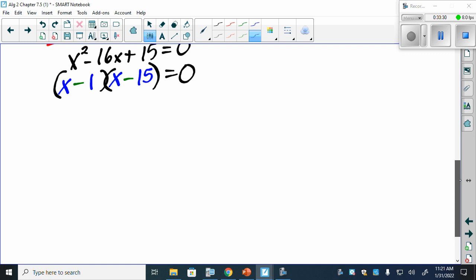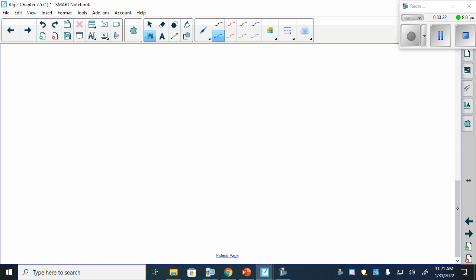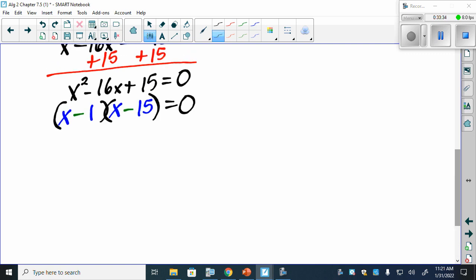So what we're saying is that either option 1, x minus 1 is 0 or x minus 15 is 0. Because when we solve by factoring, we factor it down and then set each of the parentheses equal to 0 and solve.